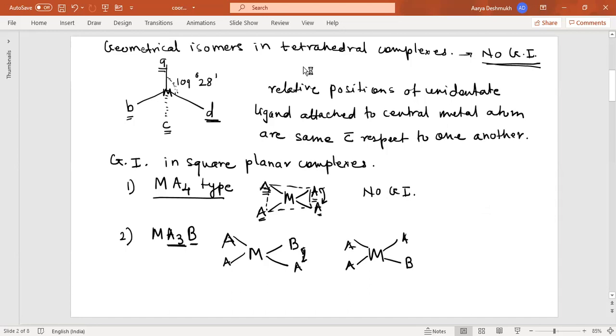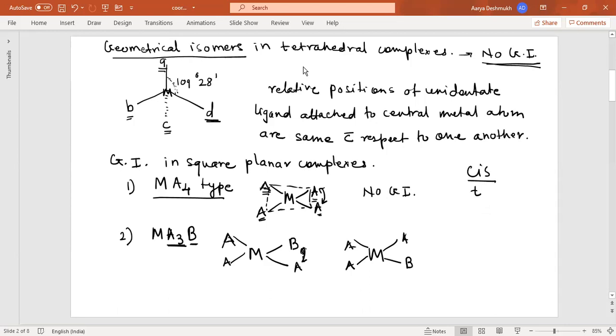Here also, if you flip, there is no change in the structure. Even if I change the position, the structure remains the same. So how will you know whether it is cis or trans? When I say geometrical isomerism, there should be two different types.